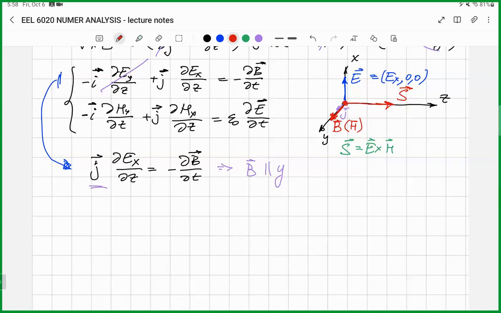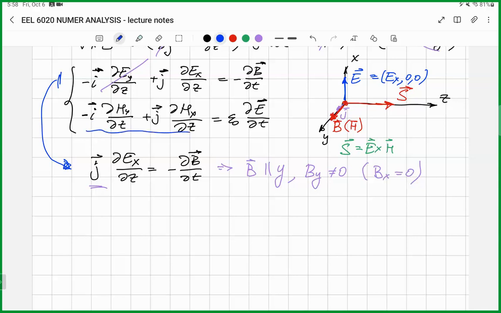And this also means that in our case we have the component By, which oscillates along y, but Bx is equal to 0, and Hx is also equal to 0. So I will get the second equation.